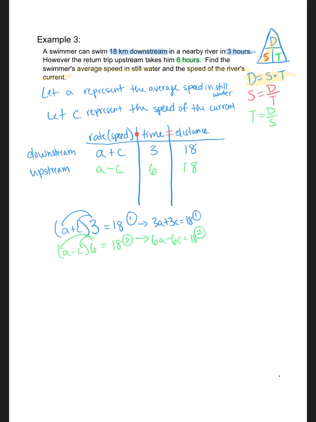We have all of our variables stacked over each other, so we're going to use elimination to solve this problem. For equation 1, I'm going to multiply by 2 to get the same magnitude on my variable. We don't have to do anything to equation 2. So equation 1 is going to become 6a plus 6c equals 36, and we'll leave equation 2 alone.